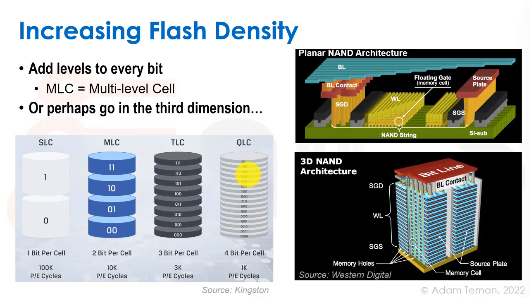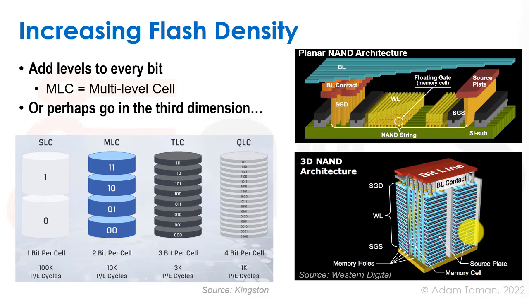The other way of doing it is actually going in the third direction. So this is a planar NAND architecture where we just have, similar to our CMOS technologies that we've learned, one level of cells, and that limits the scalability and the density because we're only going on one plane. But since everything is so regular, and flash is connected source to drain, they've been able to build these long stacks of transistors, and we have the third dimension of NAND flash already a long time ago.